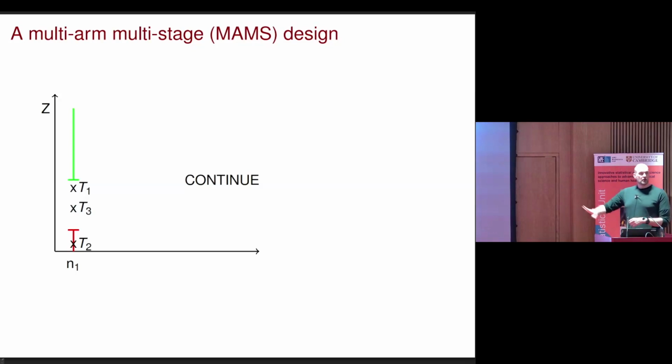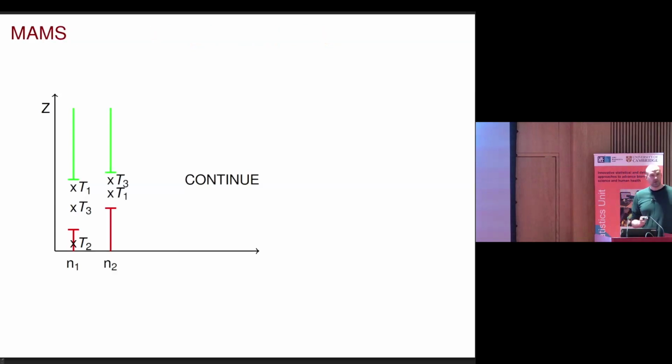So here, the conclusion would be not worth continuing with treatment 2. It just doesn't have enough promise to continue. But the other 2 are potentially useful, and so I continue with them. At the second time of asking, again, I still can't make a decision about those 2, so need more data.